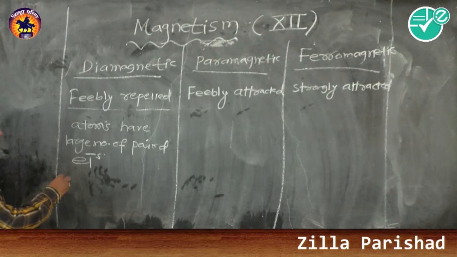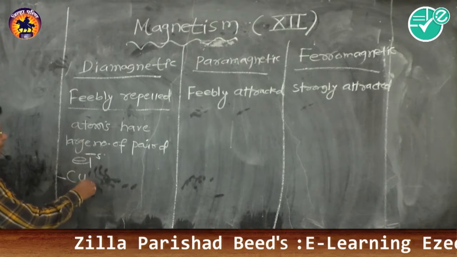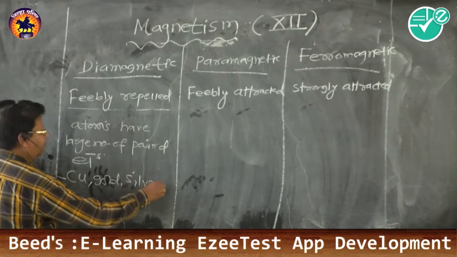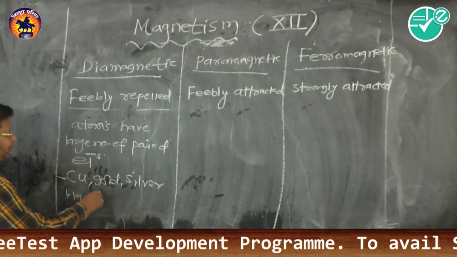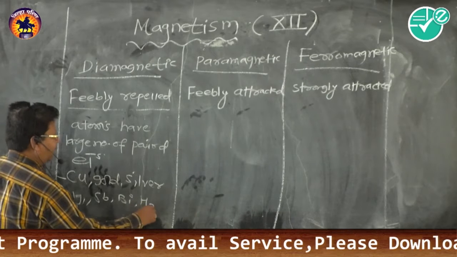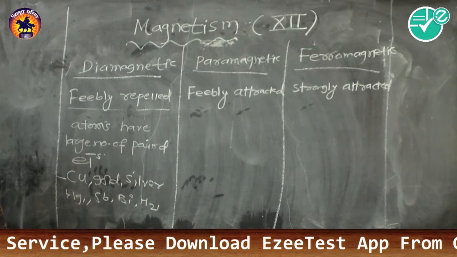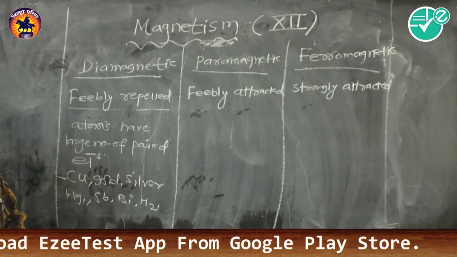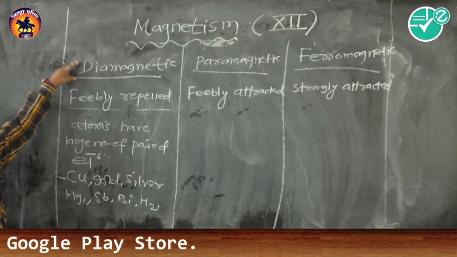For example, substances such as copper, gold, silver, mercury, antimony, bismuth, water, hydrogen, alcohol, nitrogen belong to diamagnetic materials.